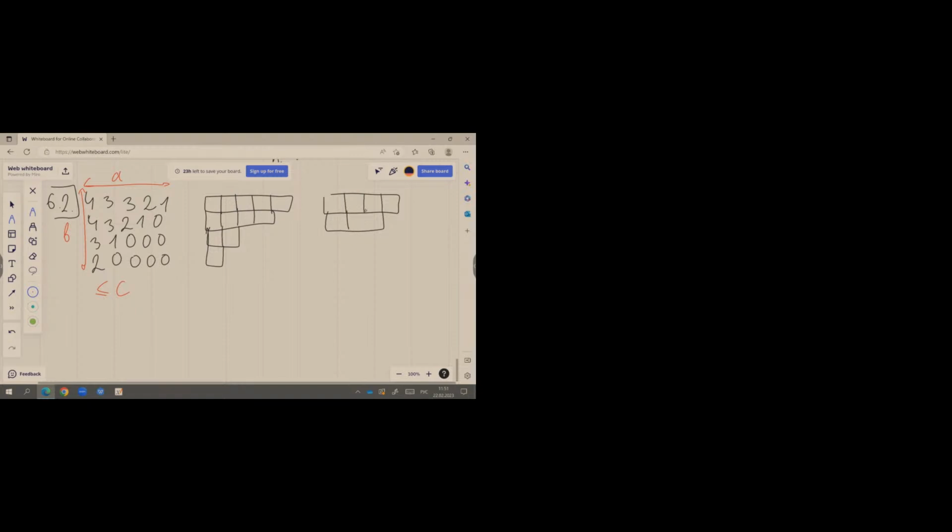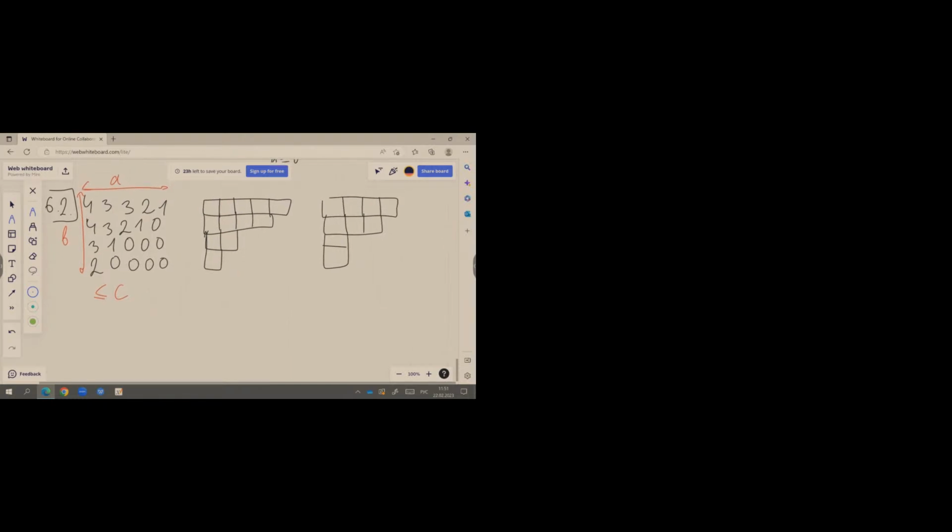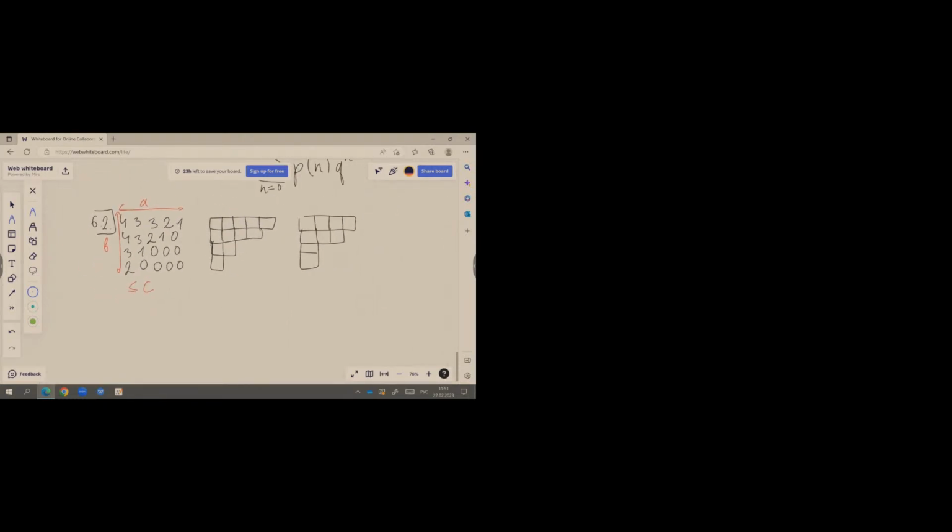The second will be like that. And the third one is this one, and the fourth this one.